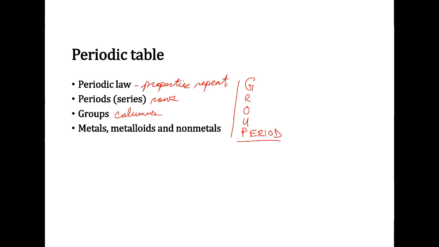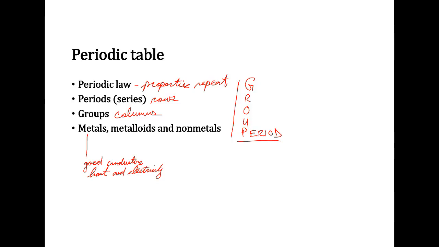The other way that things are grouped together on the periodic table are in terms of metals, metalloids, and nonmetals. So let's go ahead and start talking about metals. So metals are good conductors, okay? And whenever we talk about good conductors, we are talking about of heat and electricity. And this is just a general property.